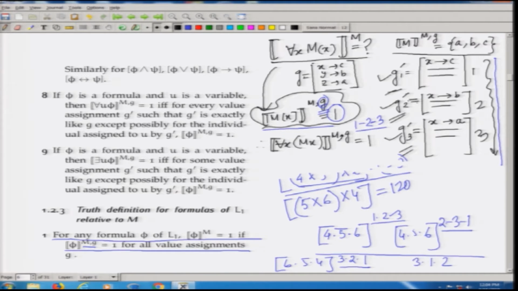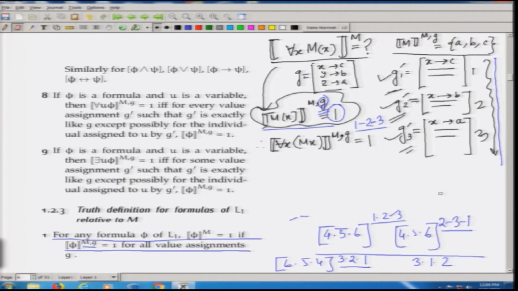M is the model and g is the value assignment function. Now the next step is, by following the rule here, what guides us is rule 8. So we can write rule B8. But now we haven't got rid of the g, as I said. It is still specific to one direction, that is 1 2 3, where the first one was x takes c, then the second one x takes b, and the third was x takes a.